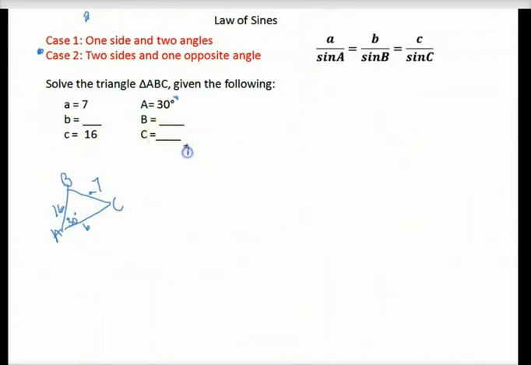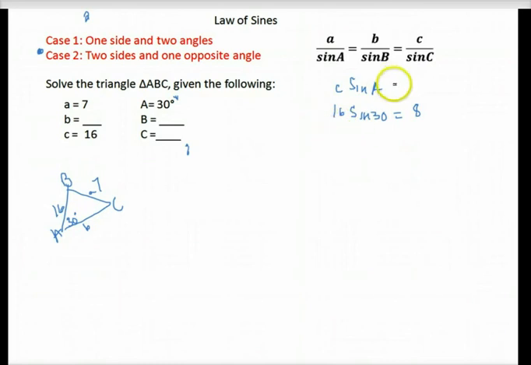Now if we decide to run the test to determine how many solutions there might be, we take the non-opposite side, which is 16, or c, times the sine of our angle, A. We need to check that and see what we get. So we get 16 times the sine of 30, and that gives me 8.